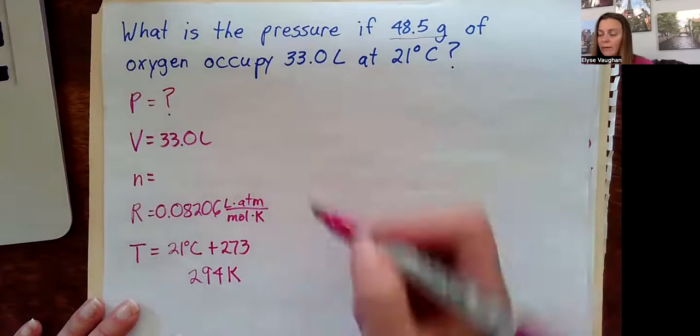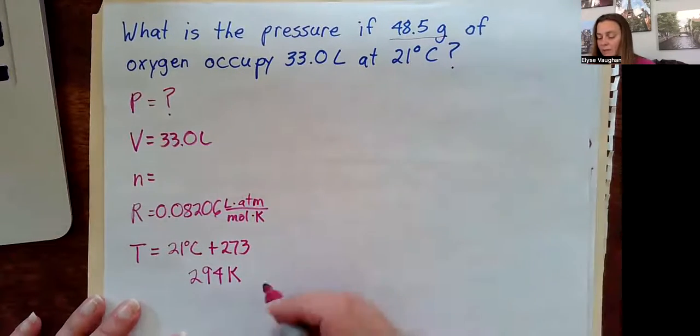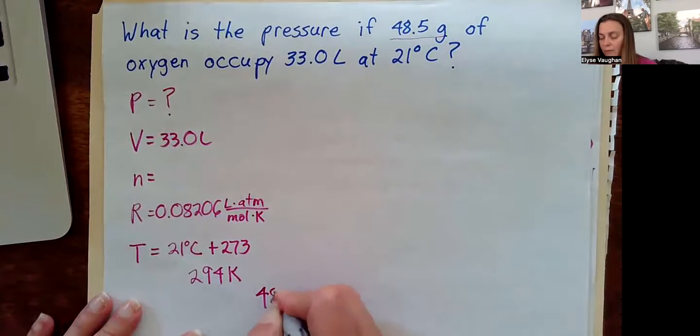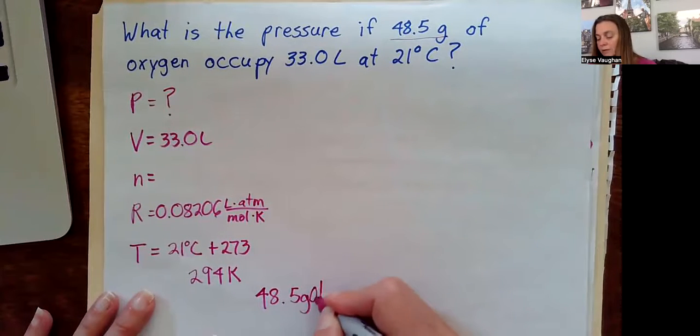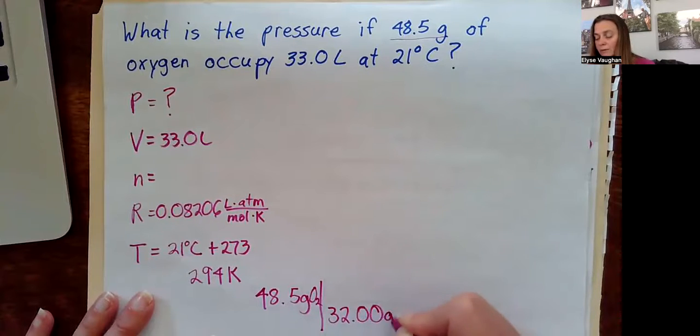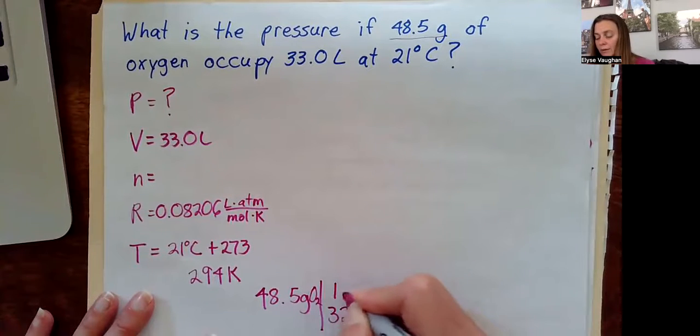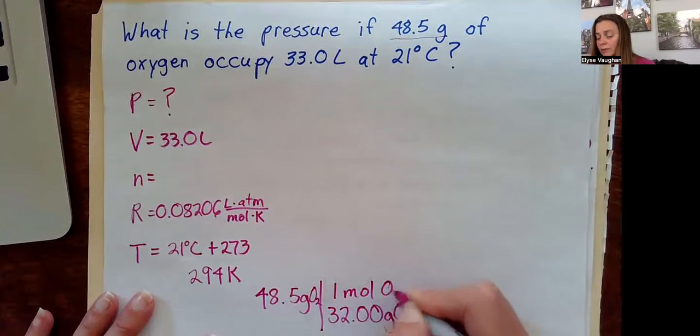And so N, we're going to take the mass of the oxygen, the 48.5 grams of oxygen. And we know there are 32.00 grams of oxygen in 1 mole of oxygen.